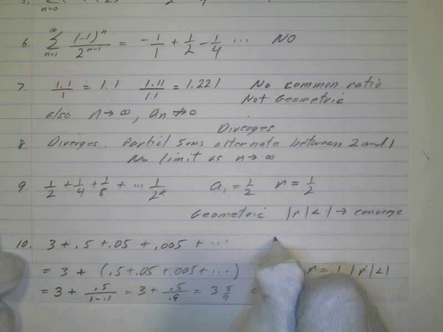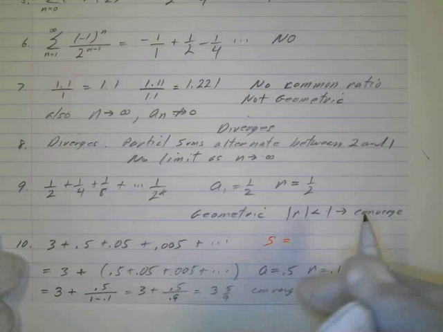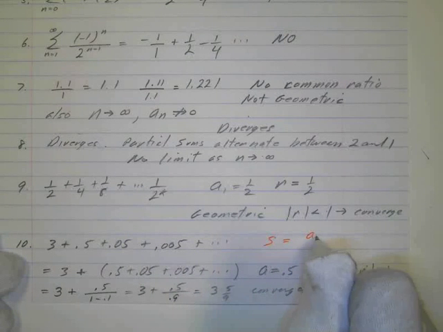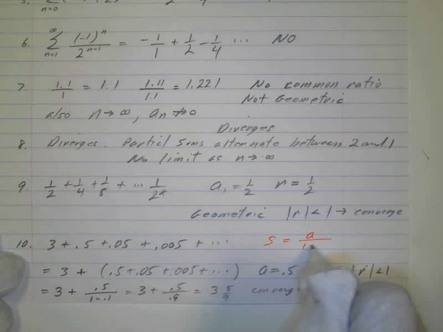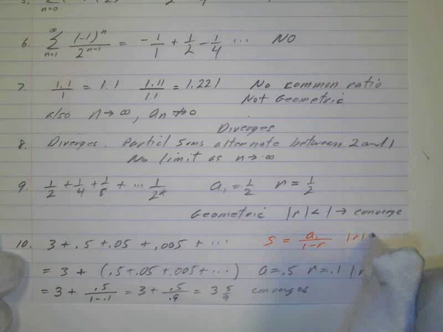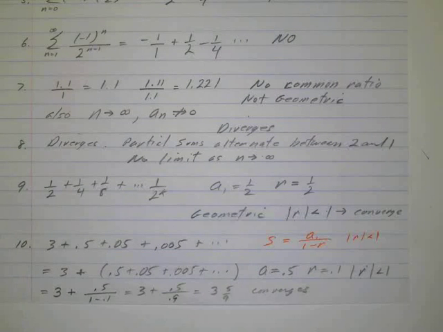And I mentioned that formula, I think, in class: the sum of a geometric series equals a sub 1, my initial term, all over 1 minus r, as long as the absolute value of r is less than 1. That's for a geometric series. So my a sub 1 is 0.5, and my r is 1/10.